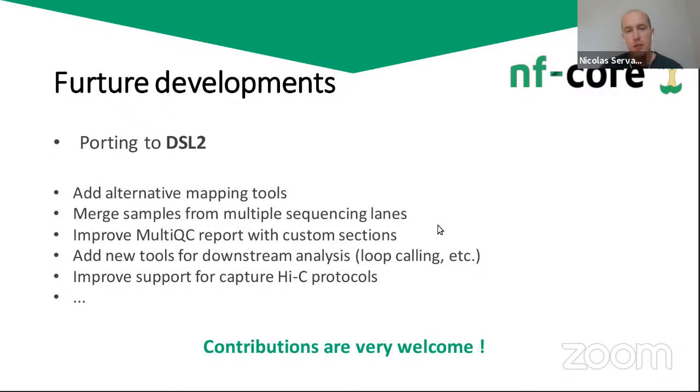We also think about adding a couple of additional QCs in the MultiQC report and proposing other loop calling tools, TAD callers, and so on. And the last one, I would also like to move on to the capture HiC protocol, which is a bit different, but not that much compared to the standard HiC protocols. And of course, contributions are very welcome if you want to participate in the development of this pipeline.